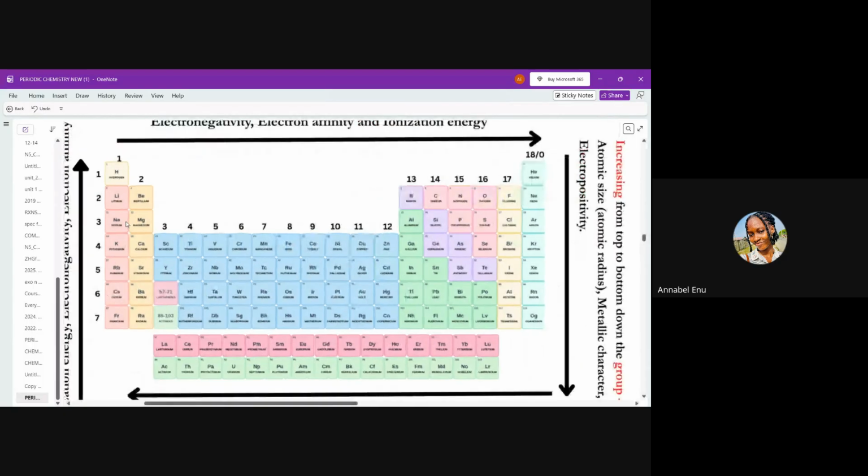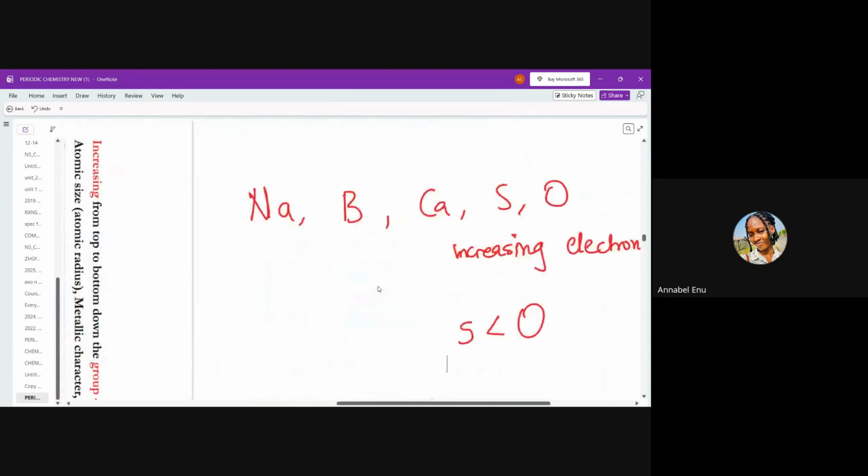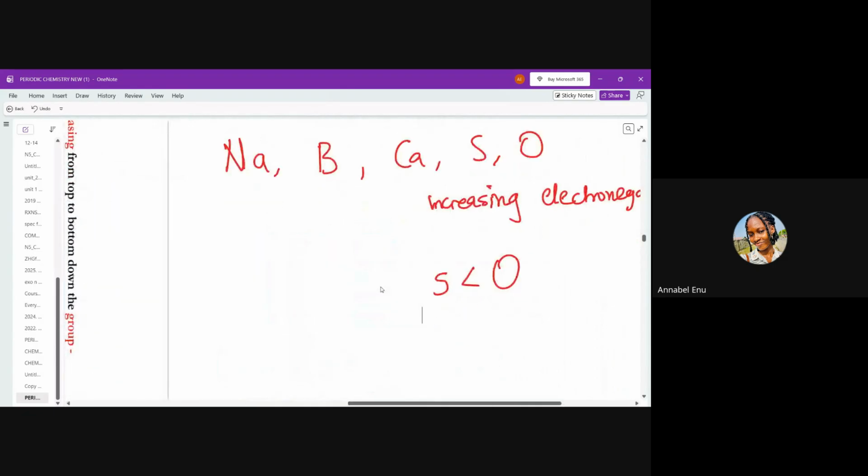From lithium to where oxygen and fluorine are, it is increasing, while from oxygen down, it is now decreasing, which makes oxygen the highest, and the one at the bottom is the lowest. So sulfur is less than oxygen. Oxygen is the boss in this case.